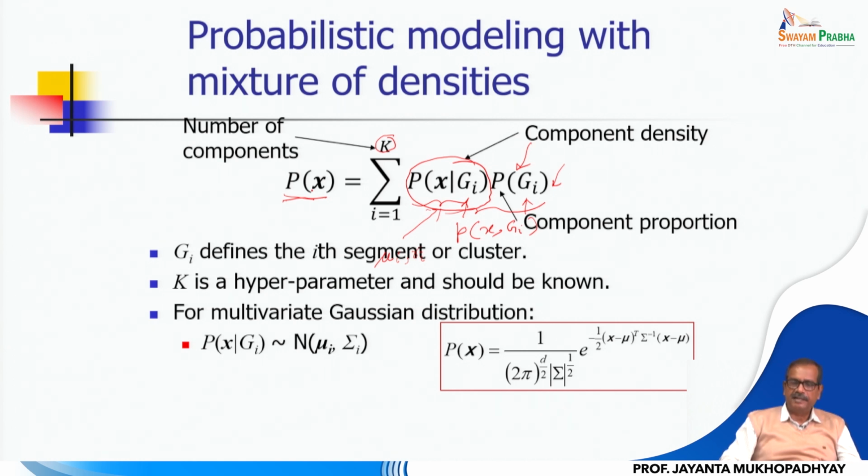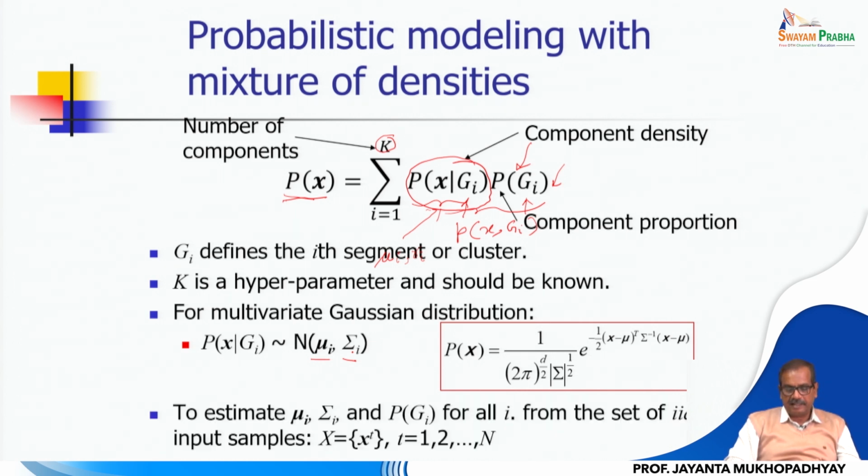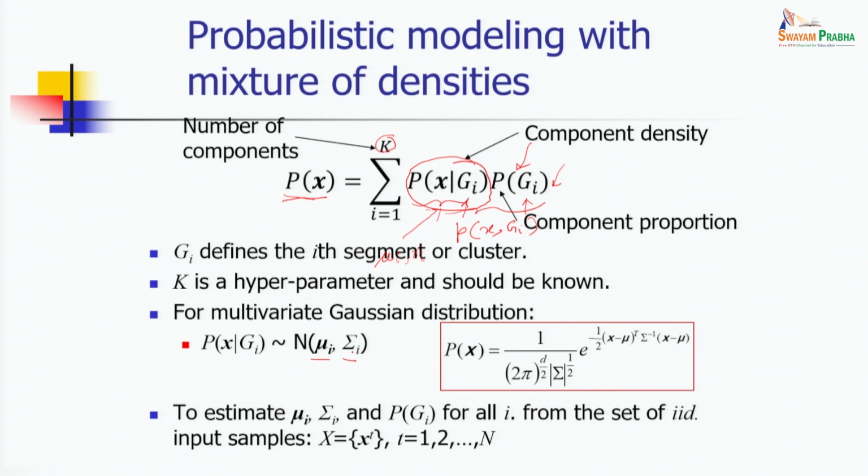There, of course, in multi-dimension, you have to consider multi-dimensional parameters. For the Gaussian distribution, you have the mean vector mu_i and the covariance matrix, so the number of parameters will be large. My explanation was with respect to the histogram, but the algorithm is quite similar. We have to estimate all these parameters: the mean vector, the covariance matrix, and also the class priors.